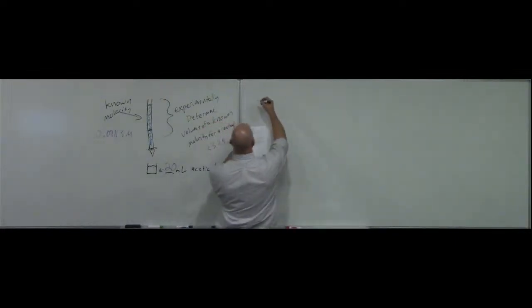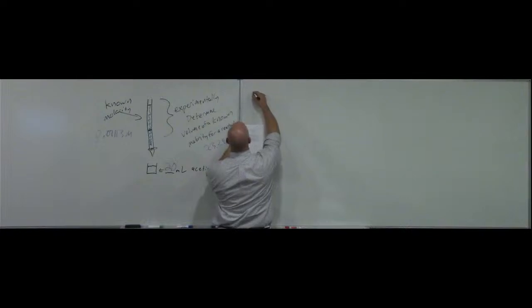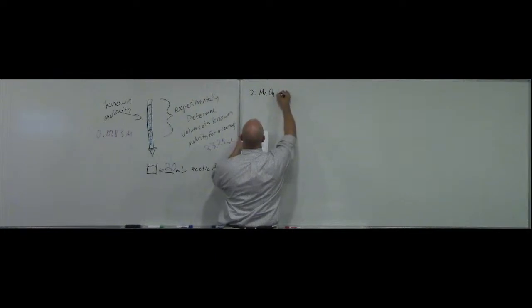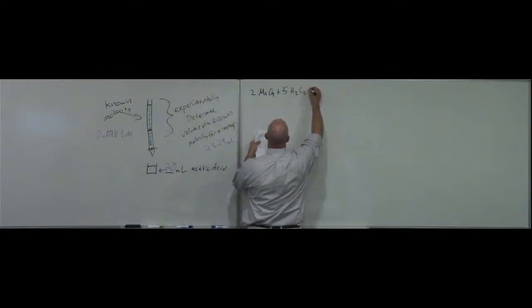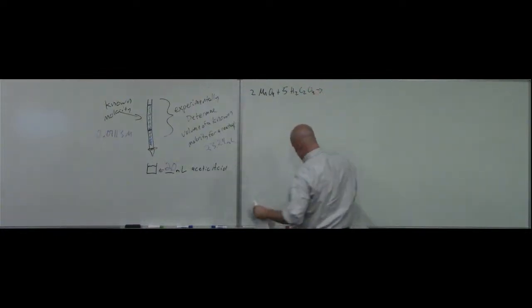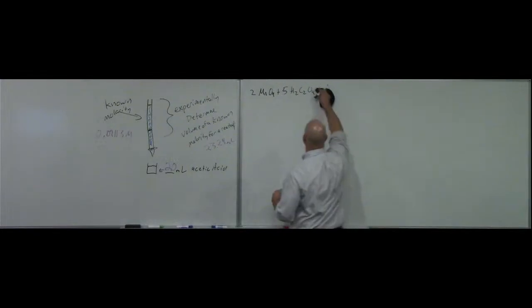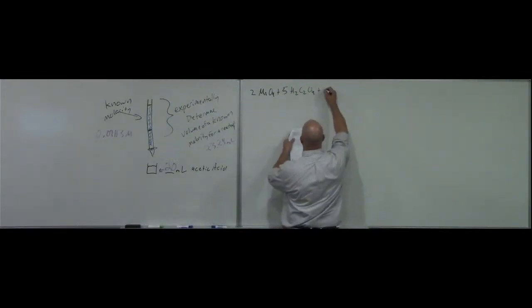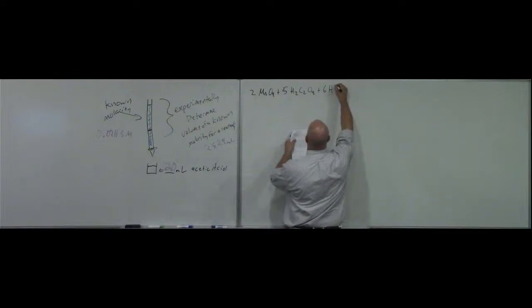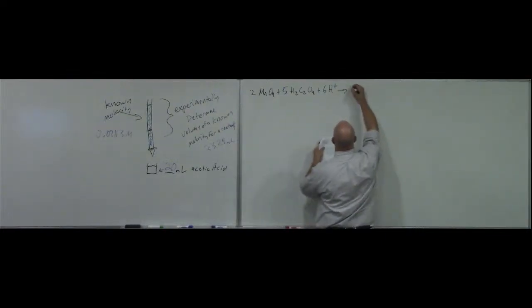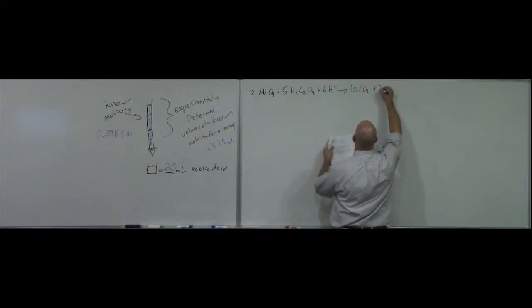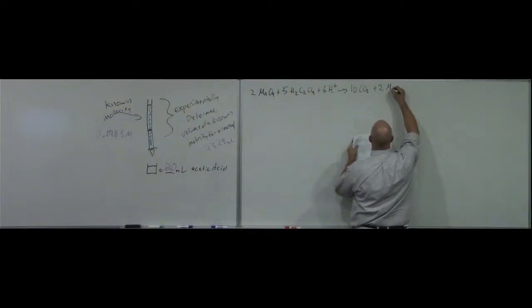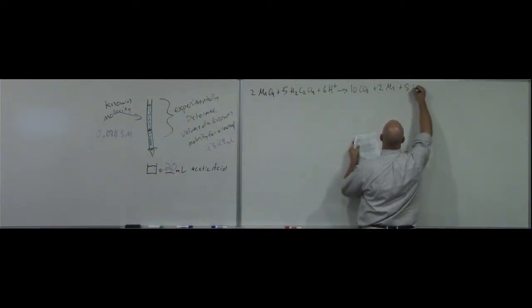Here's my net ionic equation. I've got 2 MnO4 plus 5 H2C2O4 plus 6 hydronium ions yields 10 CO2 plus 2 manganese ions plus 8 waters.